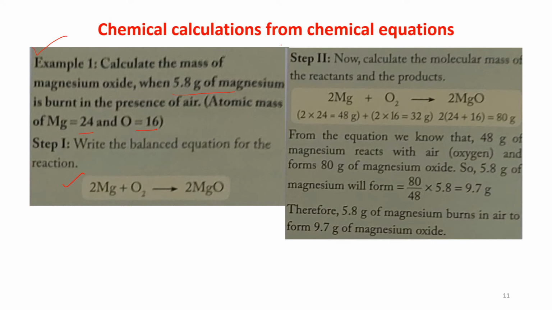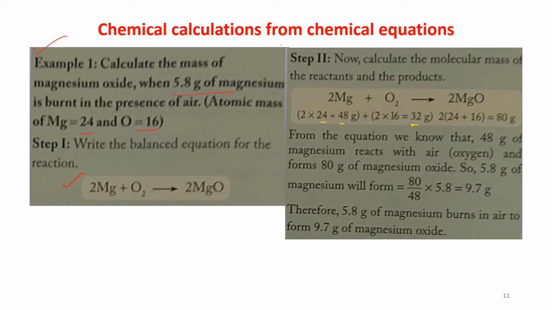In the second step, you have to write the molecular mass of the reactants and the products. So, 2Mg means it is 2 into 24, because the atomic mass of magnesium is 24. So, 2 into 24 is giving you 48 gram. Oxygen, we are having 2 atoms of oxygen and atomic mass of oxygen is 16. So it is 2 into 16 is 32.